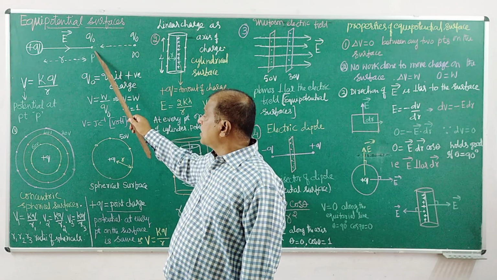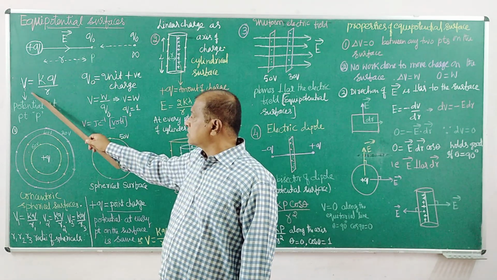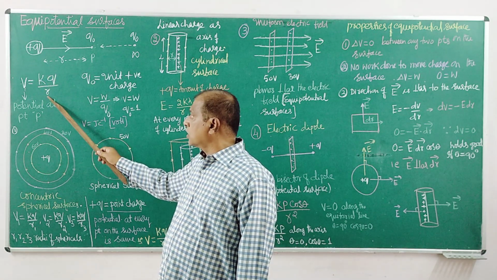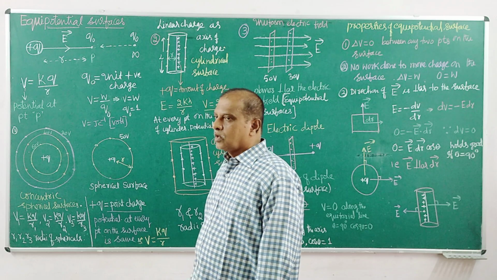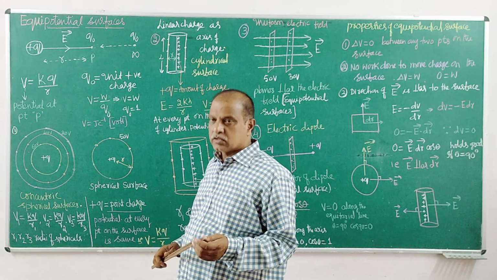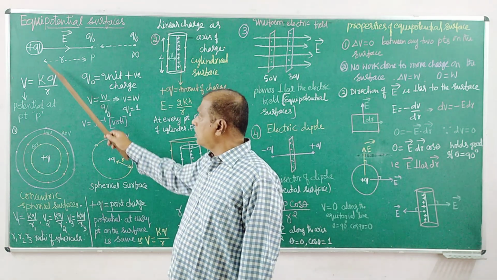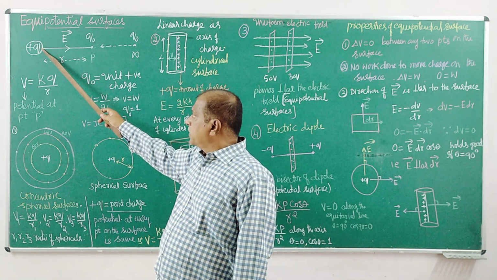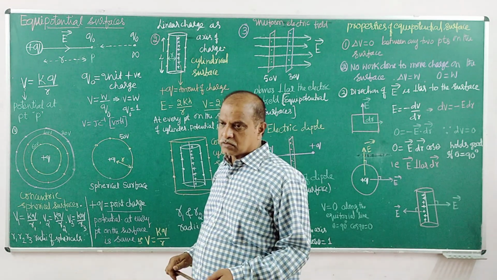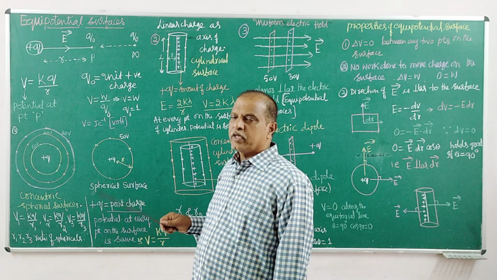The mathematical equation for the potential at a point is V = KQ/R. The same equation we derived in a previous class. Q is the magnitude of charge. K is Coulomb's constant, 1 divided by 4 pi epsilon naught.